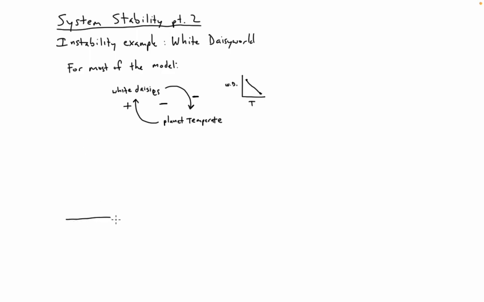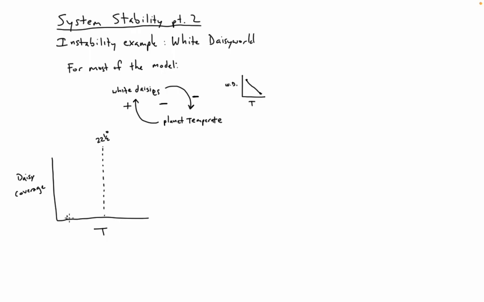So on a plot of temperature versus daisy coverage, there's some temperature, which is at the moment 22.5 degrees, and then there's this window here.